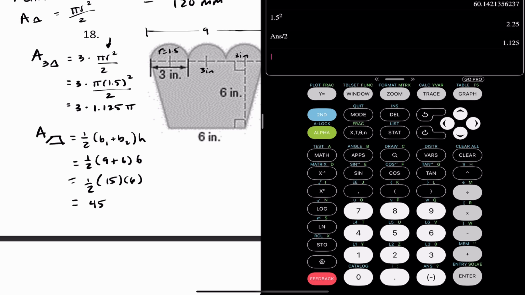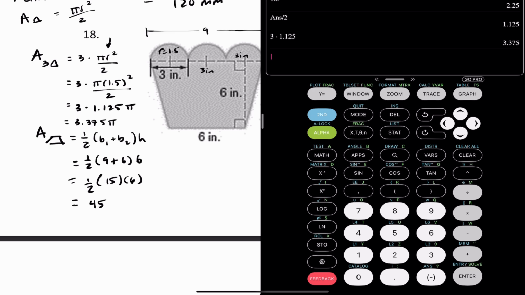So 3 times 1.125 is 3.375, and we need to slap on the pi at the end here, okay?